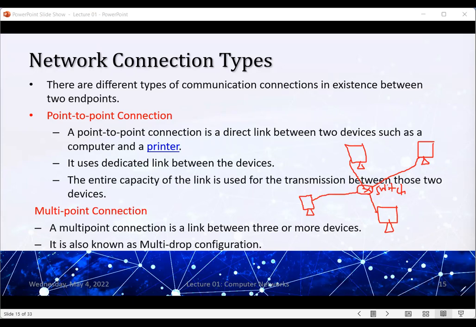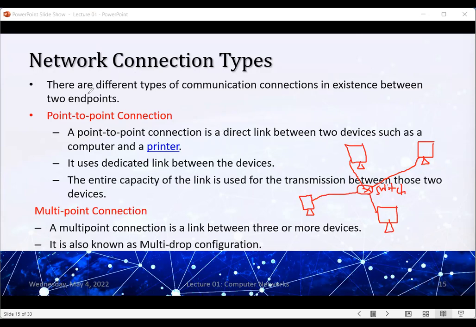In the multi-point connection, if you want to connect your computer with another computer, in your computer you only have one port, right? One port. That's why I draw this diagram.